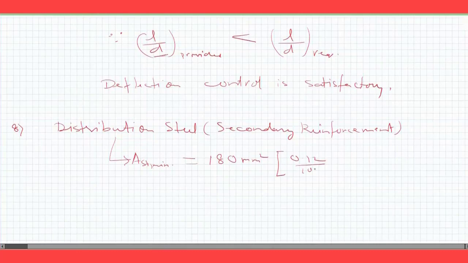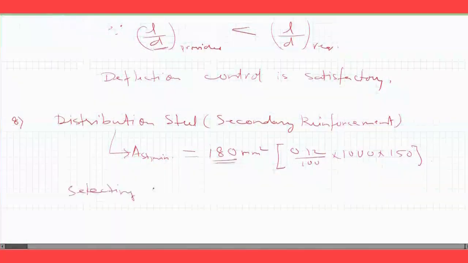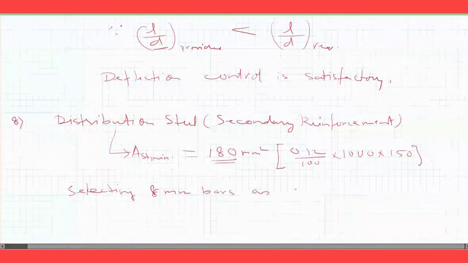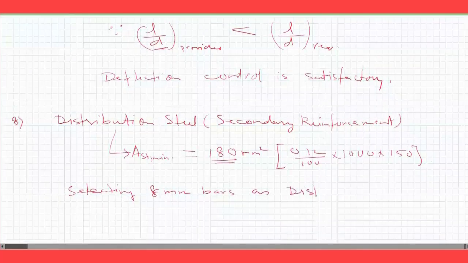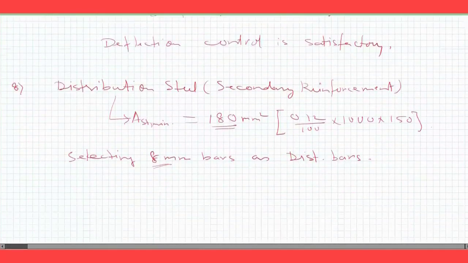What we'll be doing, let us provide, because the steel is very less, 8 mm bars as secondary reinforcement or distribution bars. So you please see, I have provided 10 mm dia bar as my main reinforcement and 8 mm dia bar as my distribution bar. I can compute the spacing. So what will be your spacing?